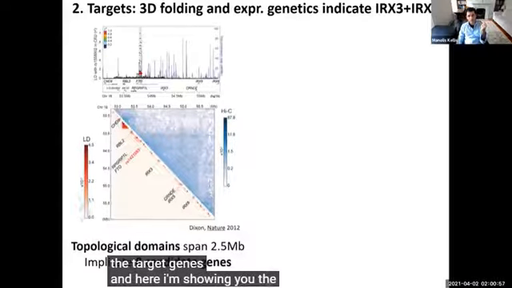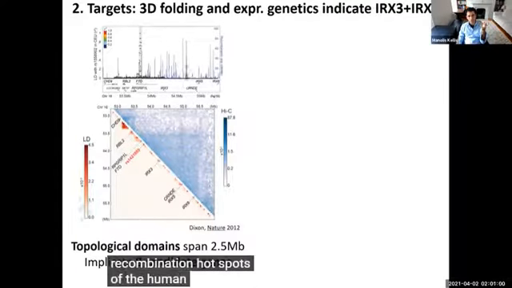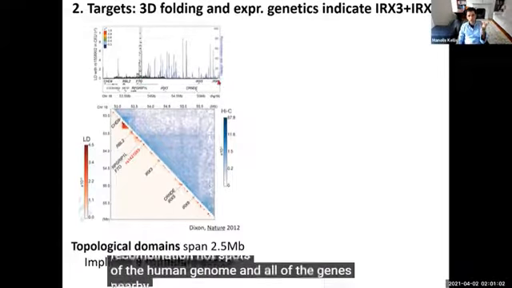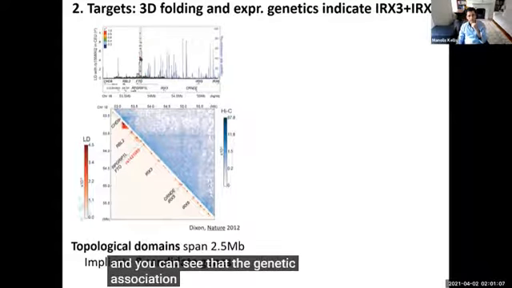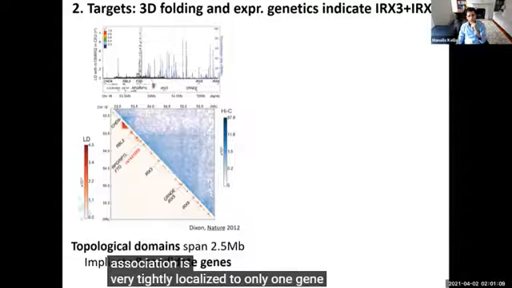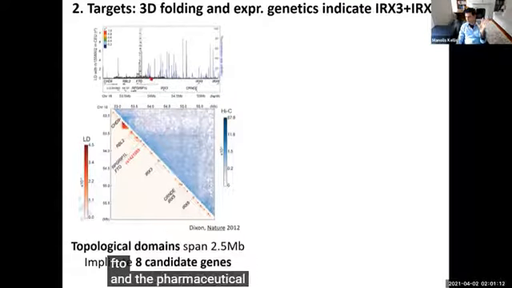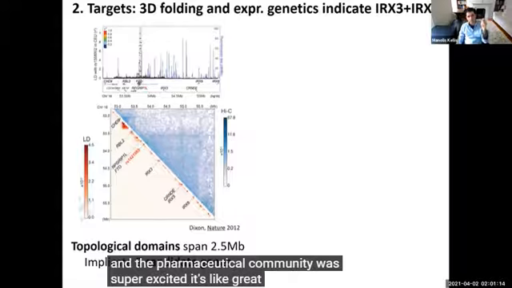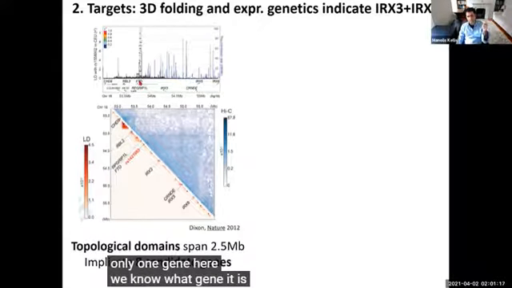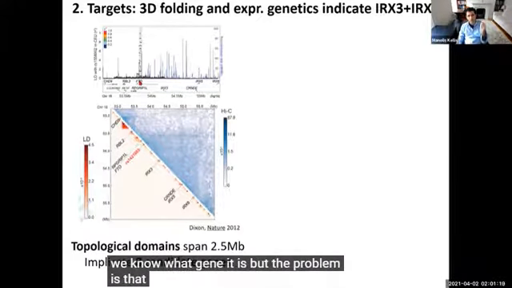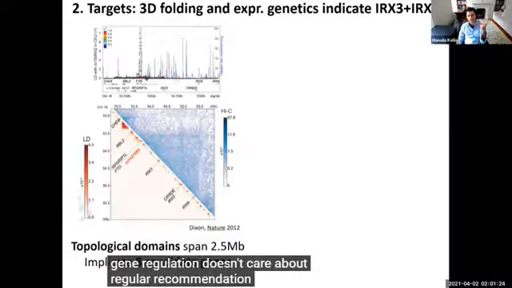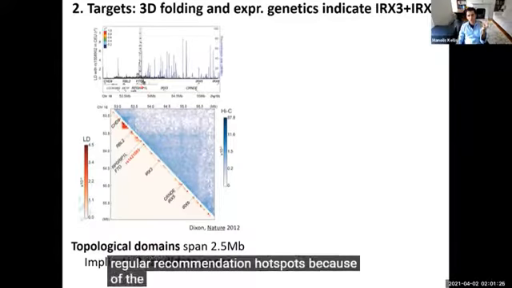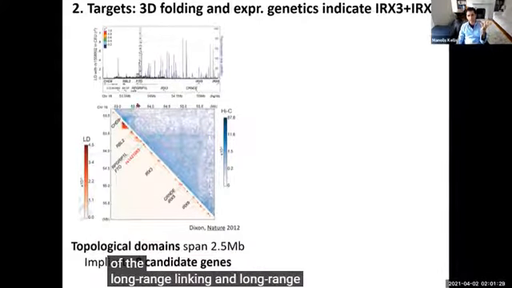And here I'm showing you the recombination hotspots of the human genome and all of the genes nearby. And you can see that the genetic association is very tightly localized to only one gene, FTO. And the pharmaceutical community was super excited. It's like, great, there's only one gene here. We know what gene it is. But the problem is that gene regulation doesn't care about recombination hotspots because of the long-range linking and long-range looping that we talked about a few weeks ago.